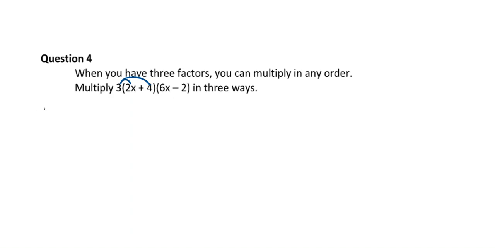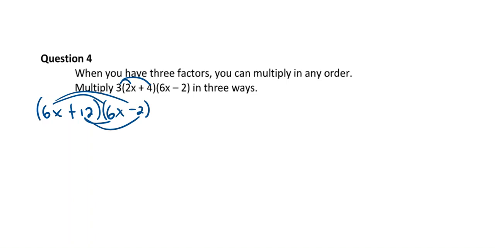So that would be 3 times here. So 3 times 2x is going to be 6x, and then 3 times 4 is 12, and then make my brackets again, and then write out 6x minus 2, and then do it again. So then we go that times that, that times that, that times that, and that times that. All right.